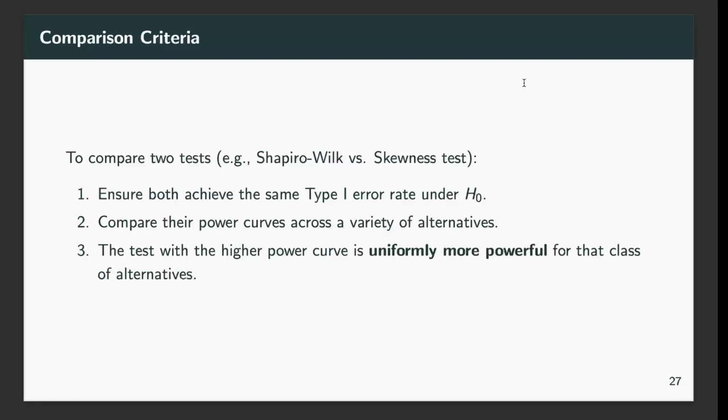So we need to verify that both tests are properly calibrated. Second, we need to compare the power curves across a variety of alternatives. And third, the test with the higher power curve would be considered the winner, because it is uniformly more powerful against that class of alternatives.